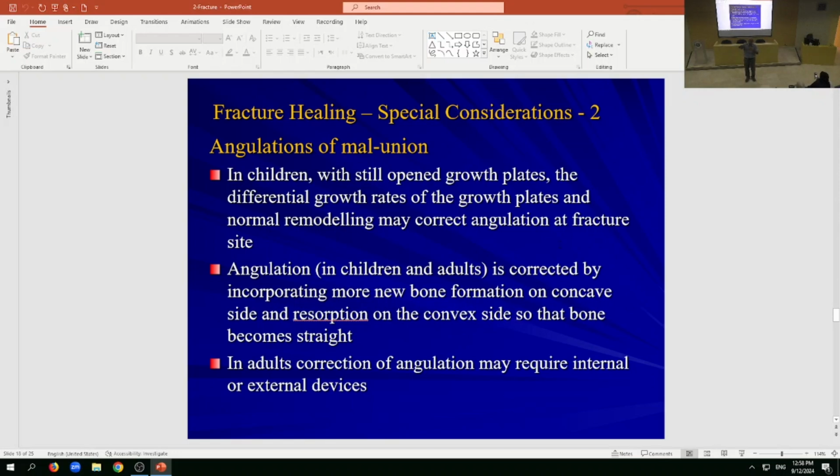And less bone is formed at the convex side. In fact, there will be more osteoclasts on the one side and more bone on the inside. This is the remodeling in order to strengthen it. The whole process is biomechanics.